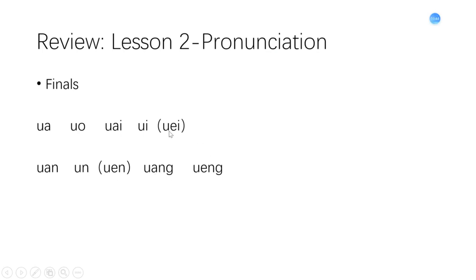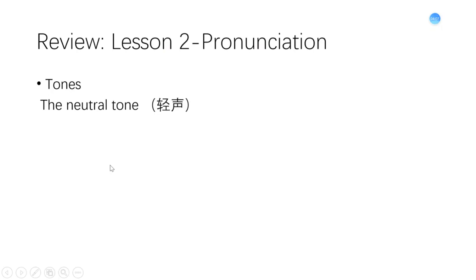Pay attention to the writing system. We write wei in this way: we omit the letter E in between, and just write U and I. Similarly for wen, we omit the letter E and only write U and N. So these are writing rules, and we are going to review more writing rules later.